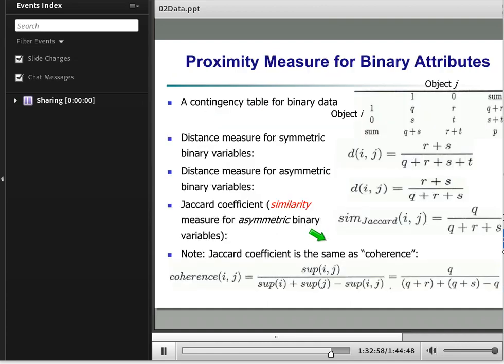Look at this. Q means both objects are 1. R means the first object is 1 and the second is 0. S means the first object is 0 and the second object is 1.